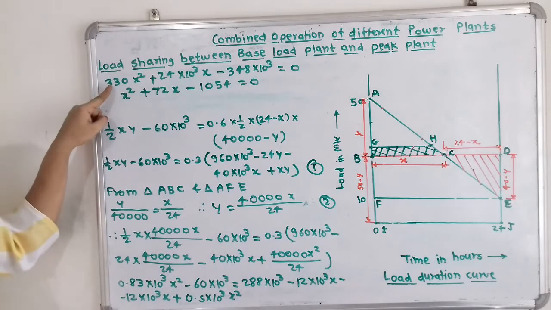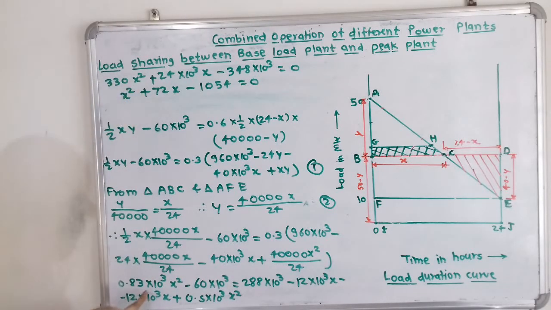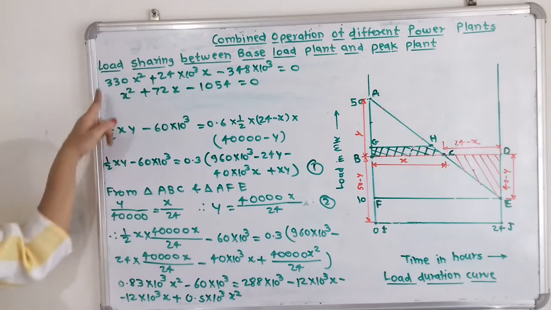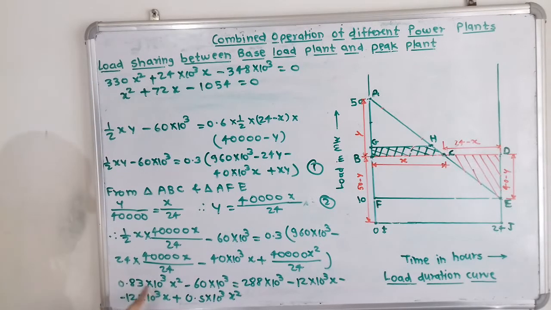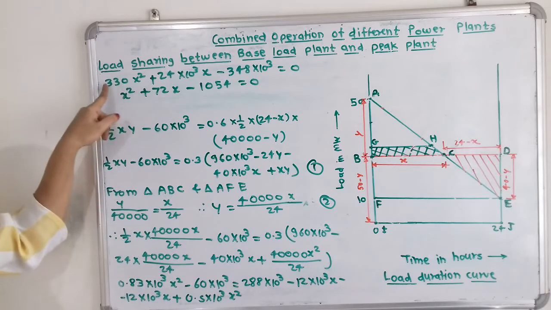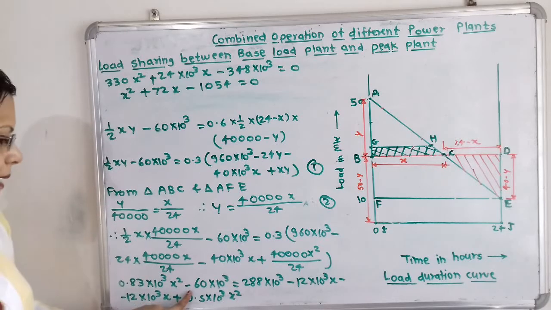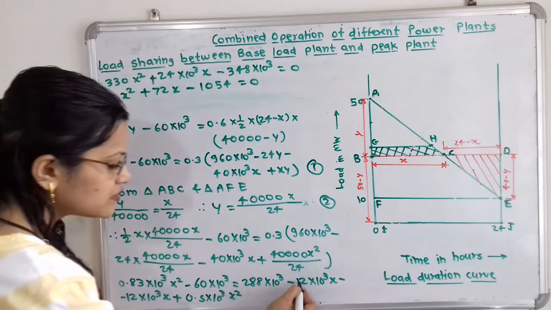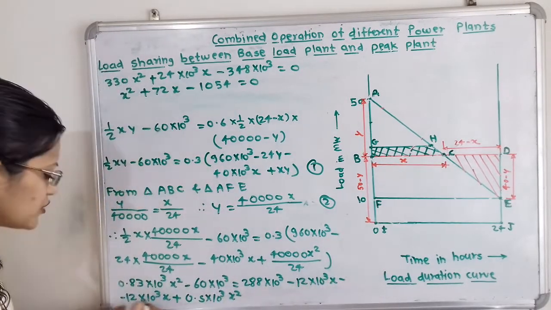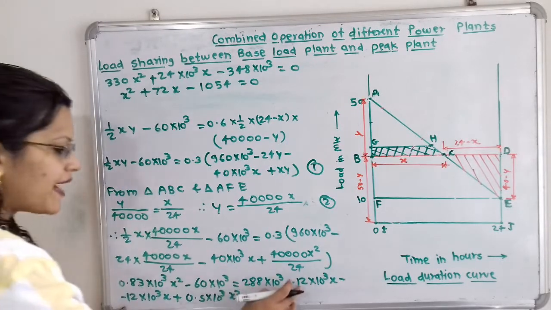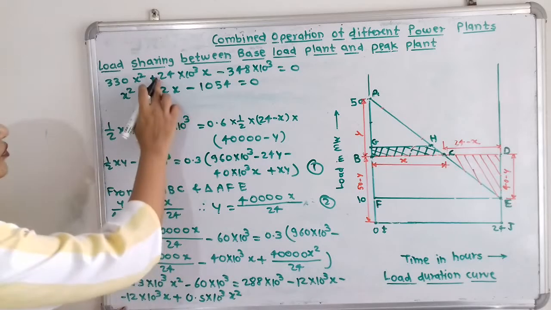Then it will become 330x², because 10^3 is common, then we take 0.83 minus 0.5, that is 0.33, so 0.33 multiplied by 10^3 is 330x². Minus, then here − 12 × 10^3 x − 12 × 10^3 x. So this minus minus we have to add, giving − 24 × 10^3 x.